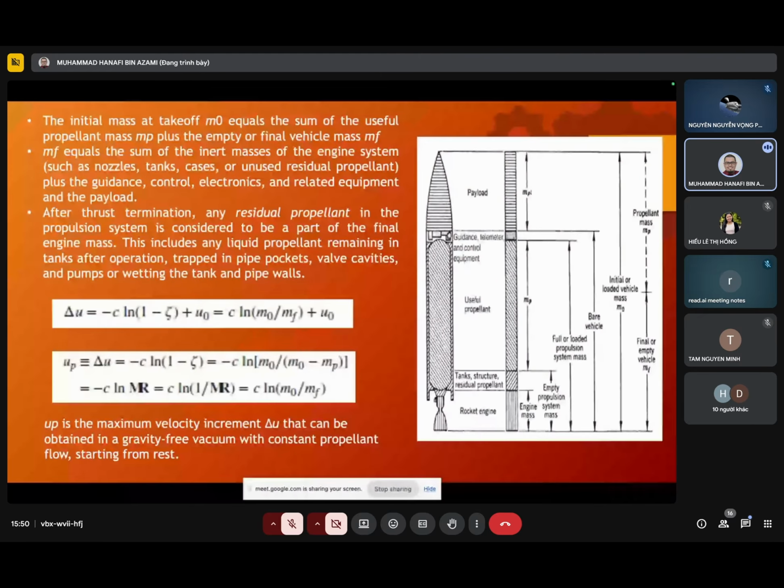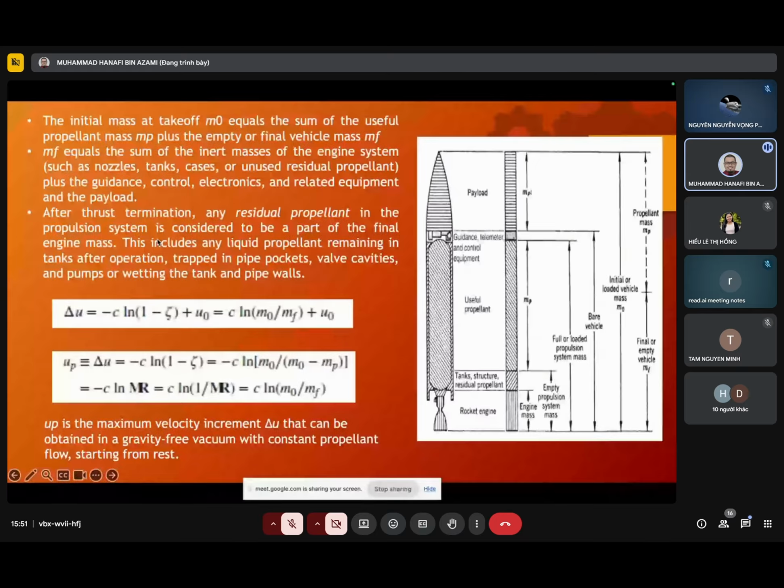So c is the characteristic velocity, zeta is mp over m naught, and u naught is the initial velocity. Or you can bring the negative sign up, so you have c ln m naught over mf. What is m naught over mf?